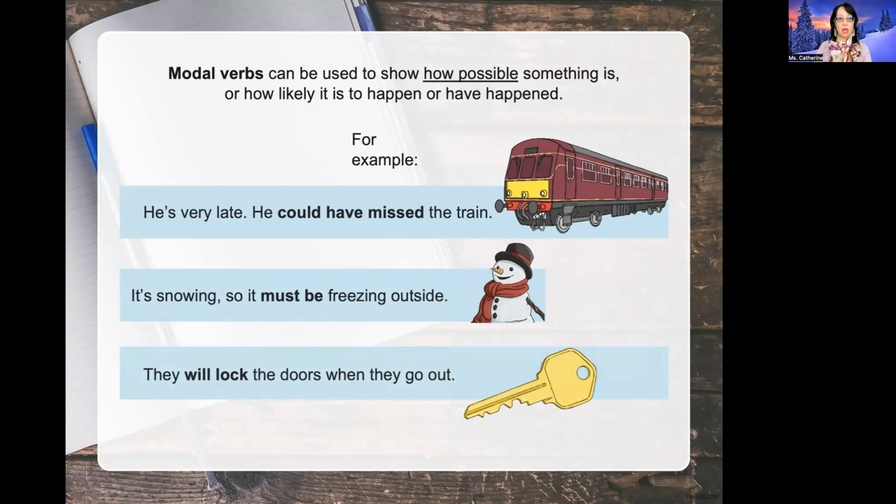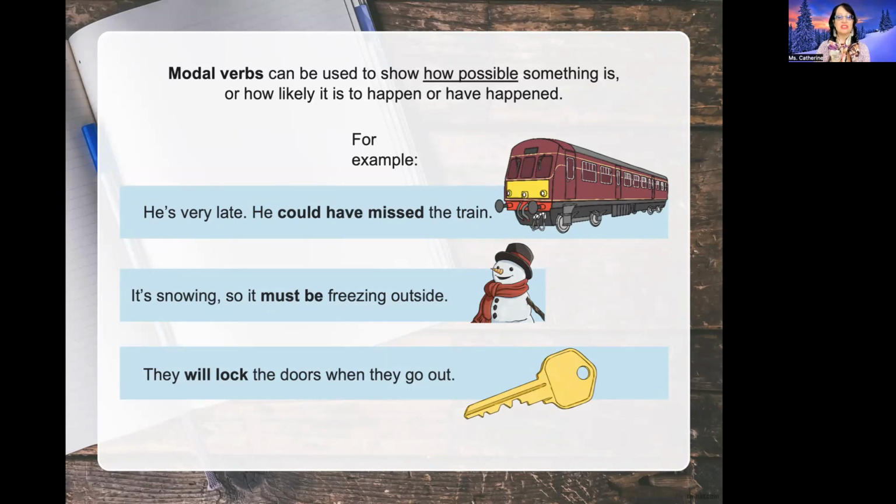Again, modal verbs can be used to show the possibility, or how likely it is to have happened. This person is very late. He has to take the train, so he could have missed the train because he was late, right?